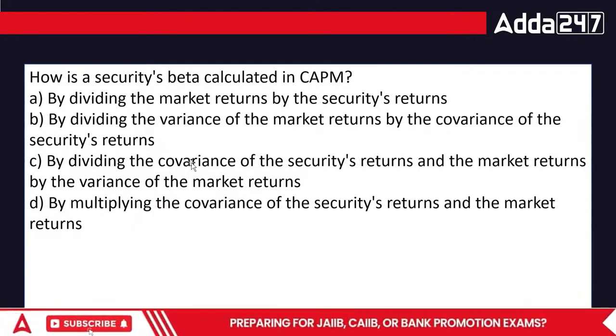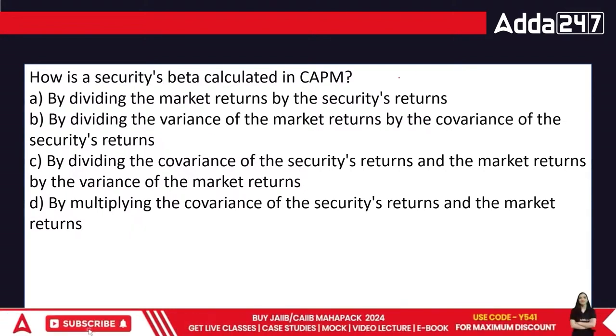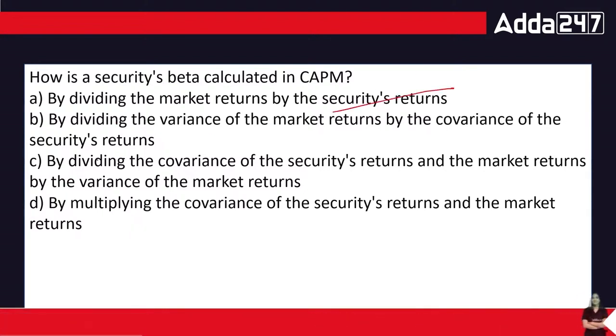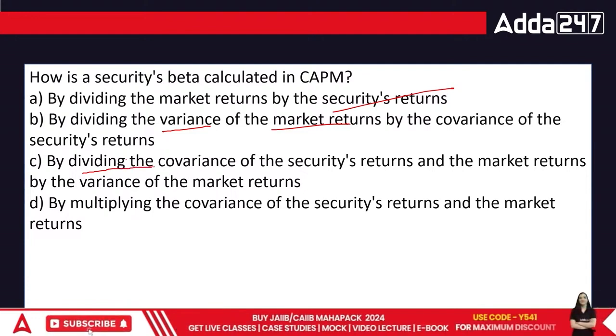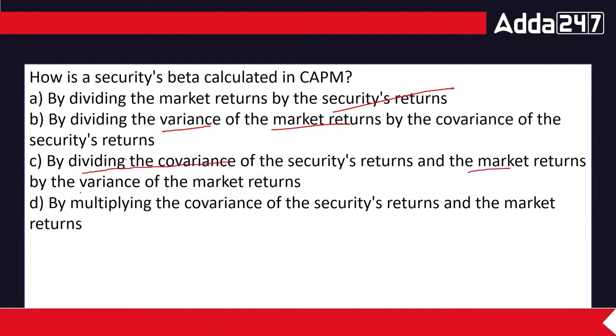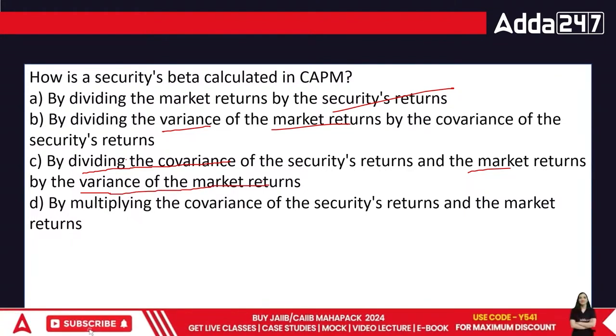The options there. The first option says by dividing the market returns by the security returns; by dividing the variance of the market returns by the covariance of security returns; by dividing the covariance of the security returns and the market returns by the variance of market returns; then multiplying covariance of security with the market returns.